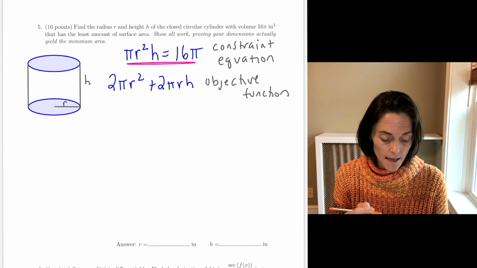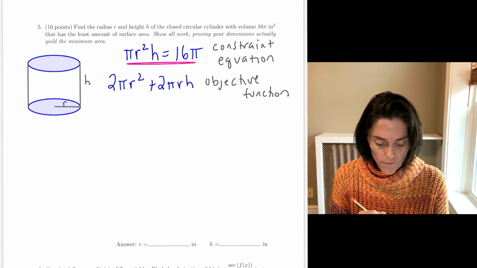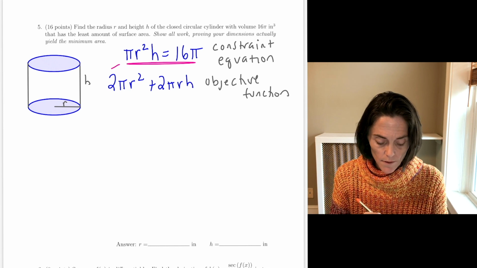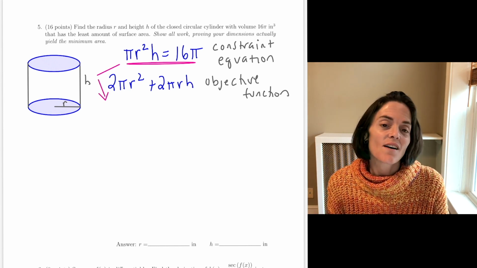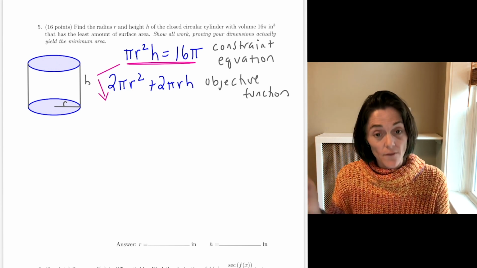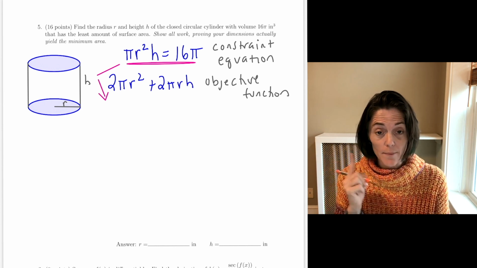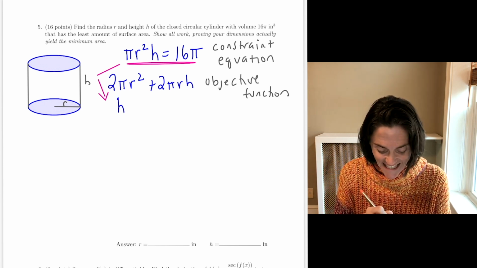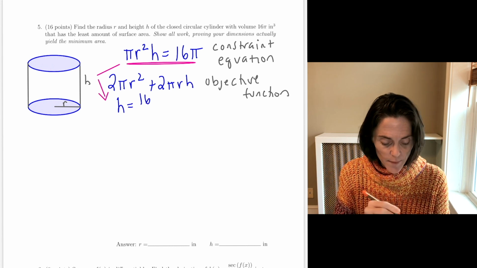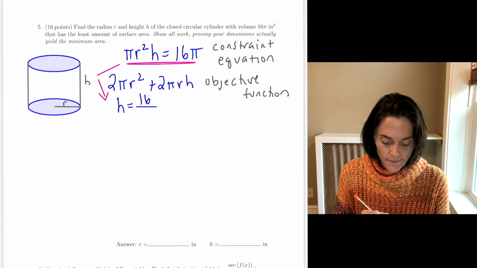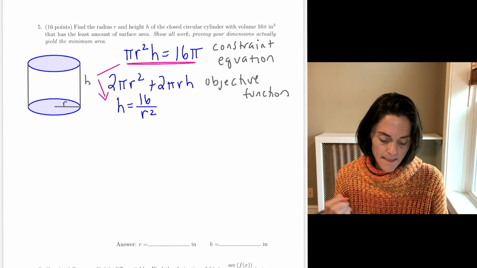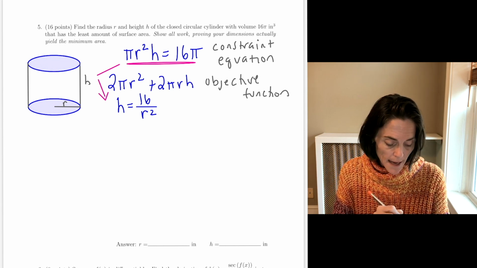Now, we take this and we solve for one variable in terms of the other. Let's solve for h in terms of r. Well, I can divide both sides by pi, and then I get h is 16 divided by r squared. Now, I can write my area as a function of r.